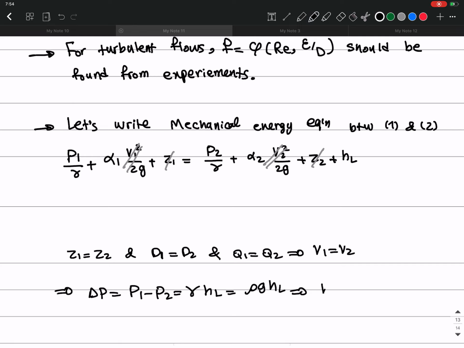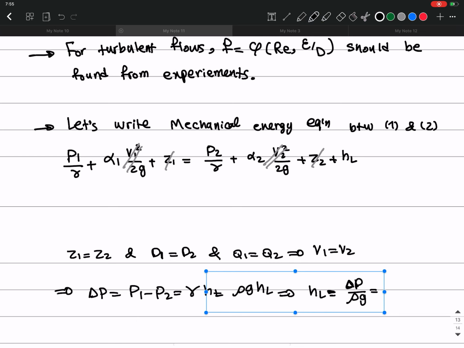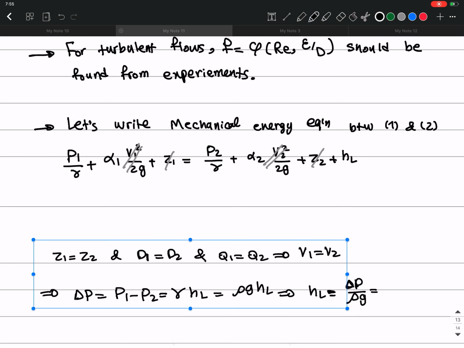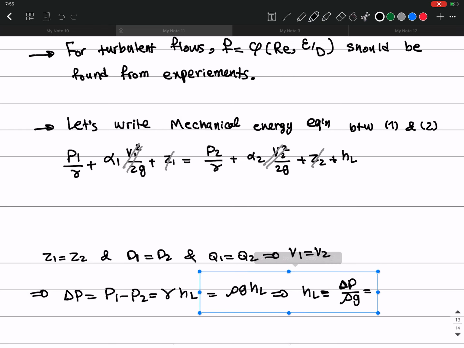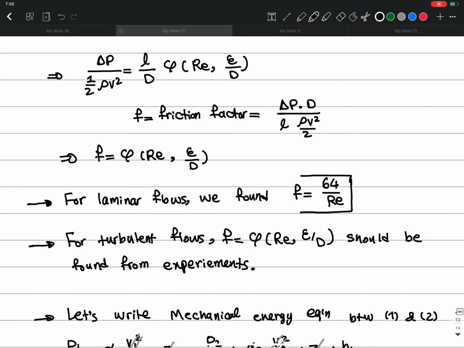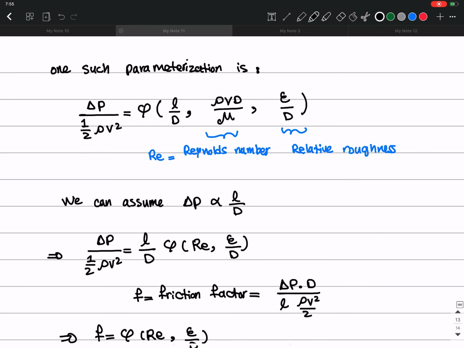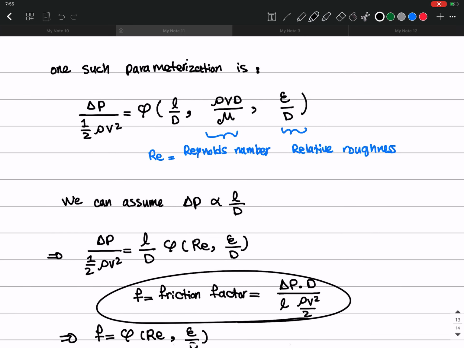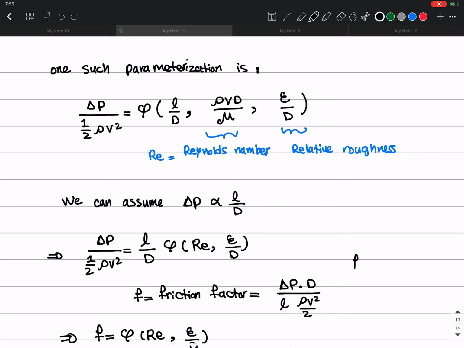And so hL, the major loss, is going to be delta P over rho g, which is going to be what? Instead of delta P, I can write it as f times L rho V squared over 2 over D, right?